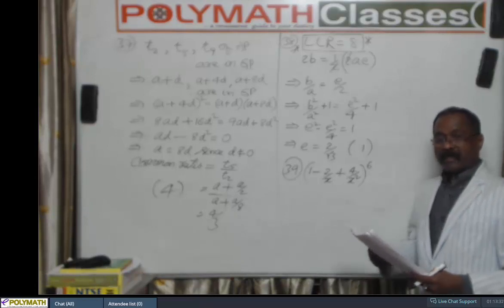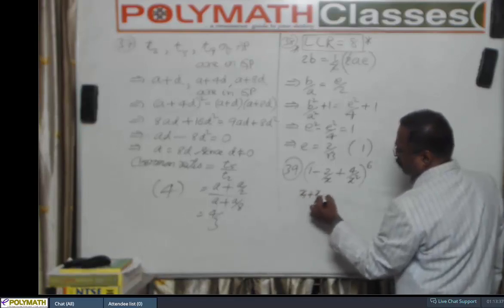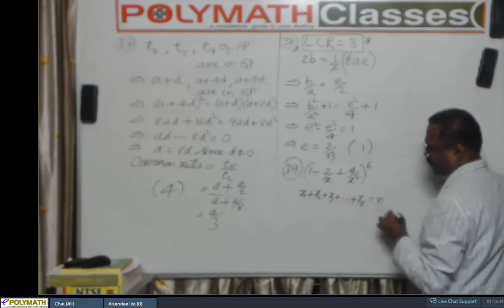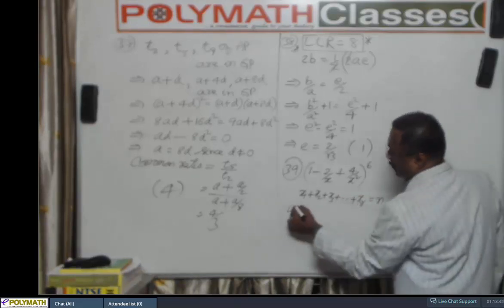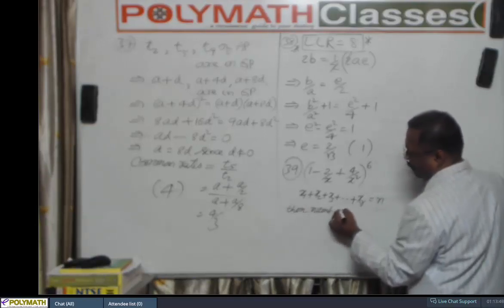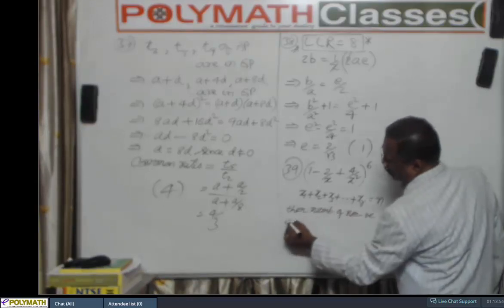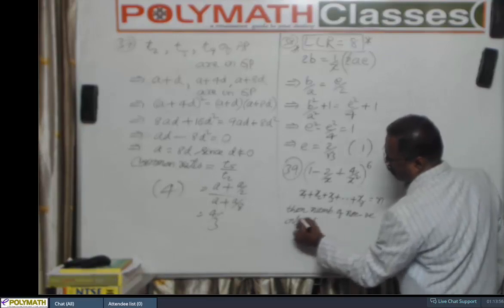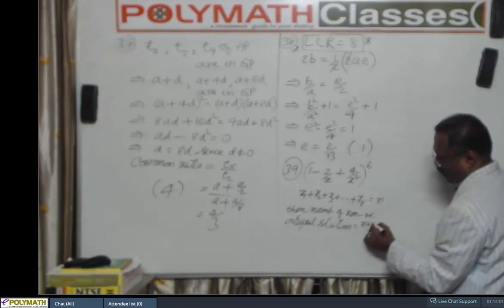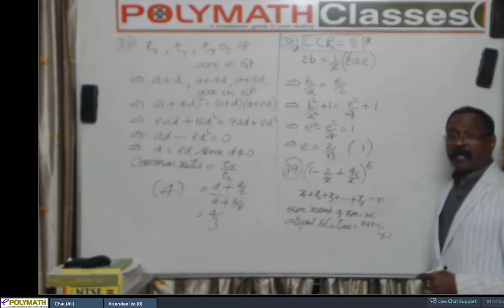Now, you have x1 + x2 + x3 + ... + xr = n; the number of non-negative integral solutions is (n + r - 1)C(r - 1), which is the same as the binomial expansion.